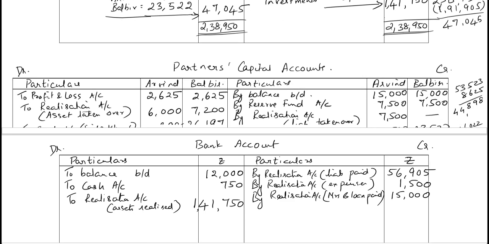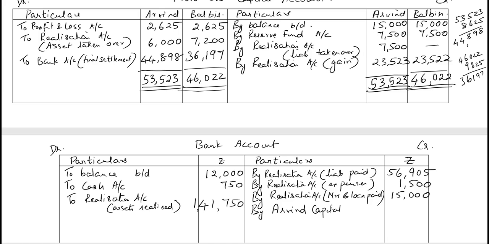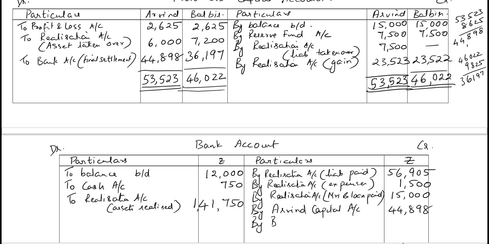We'll scroll down to the partner's capital account to get the amount of the final settlement by Arvind capital account. Final settlement, the case of Arvind, 44,898 rupees. And by Balbir's capital account, the amount of final settlement, the case of Balbir, 36,197.